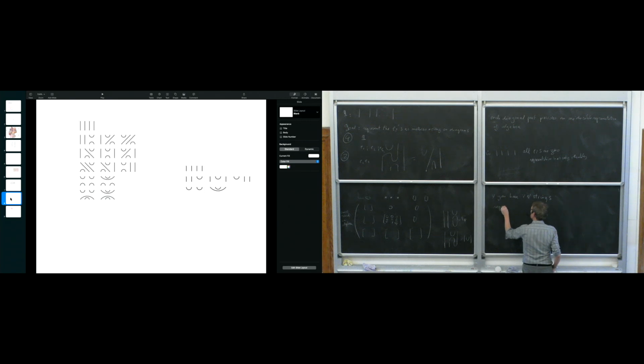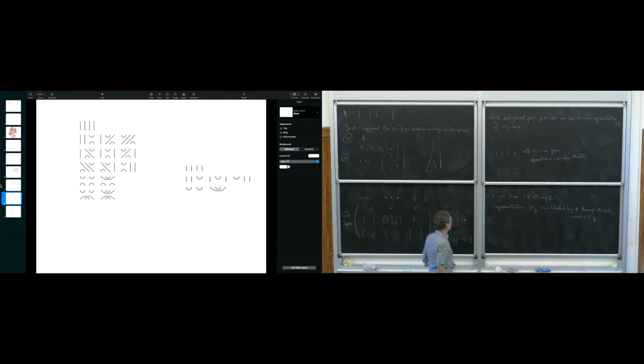The representations Wj are labeled by the number of, so it's called through strings or straight strings, or defects sometimes. I'll call them through strings, by the number of through strings, which is 2j. So here on the cartoon, on the screen, I have W2, W1, and W0.